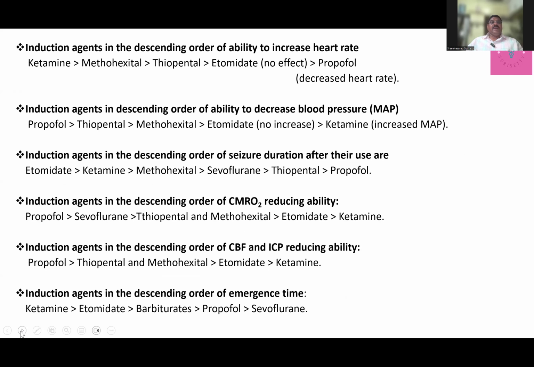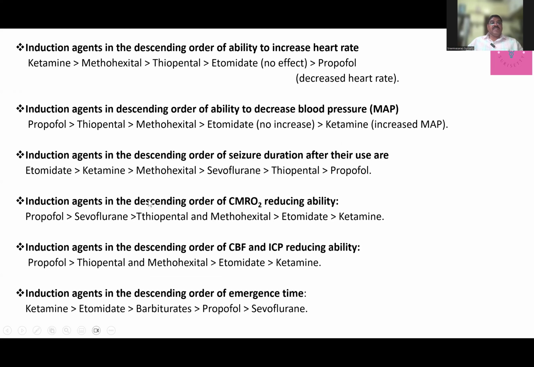So these are the different agents used for induction, in descending order of ability to increase heart rate. So propofol will decrease, ketamine will increase heart rate. The induction agents in descending order of ability to decrease blood pressure: propofol will decrease the blood pressure and ketamine will increase the blood pressure. These are the induction agents in descending order of seizure duration. So etomidate does not interfere, propofol interferes.